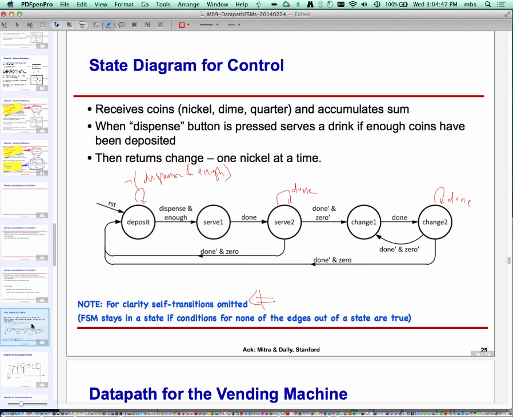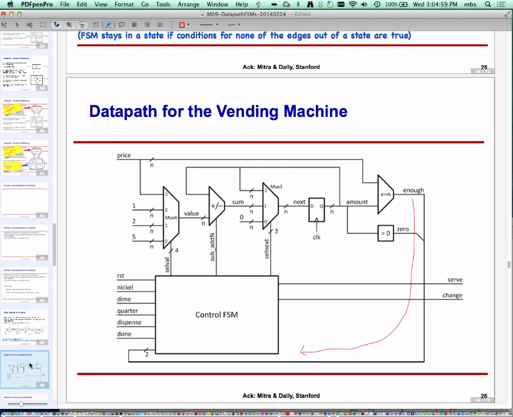Your question? Where does the done signal come from? From the mechanical part. The slides don't show the mechanical part, so what's happening is serve and change are going to some mechanical part and done is coming from the mechanical part.